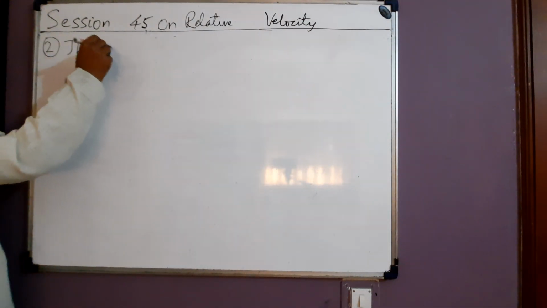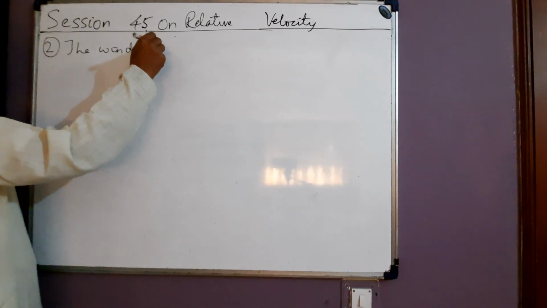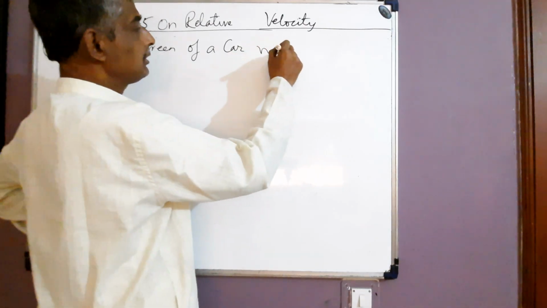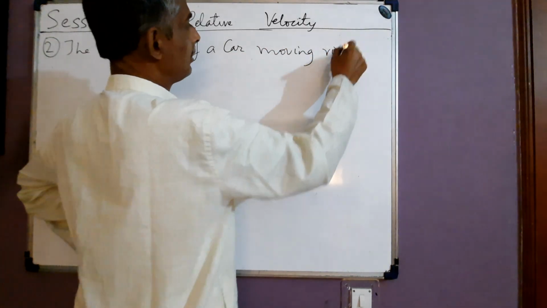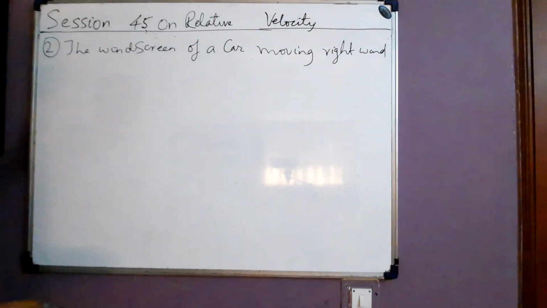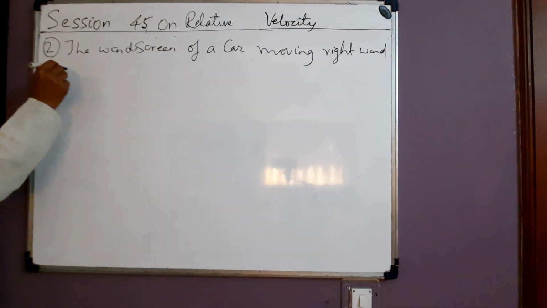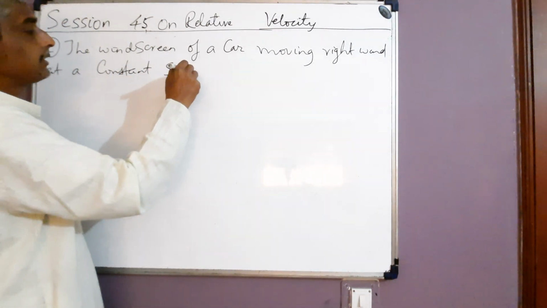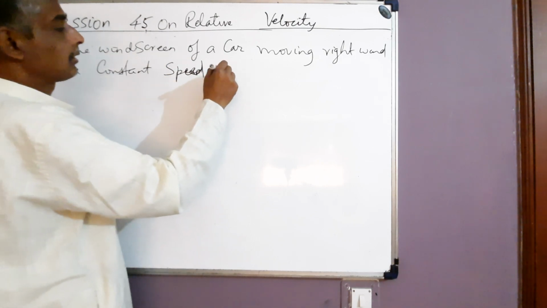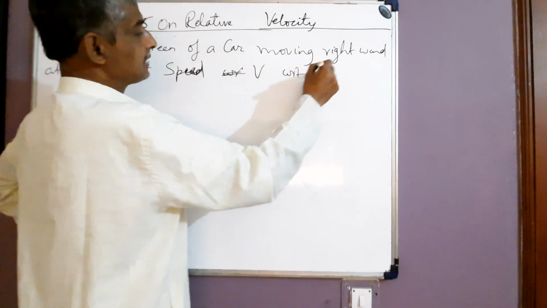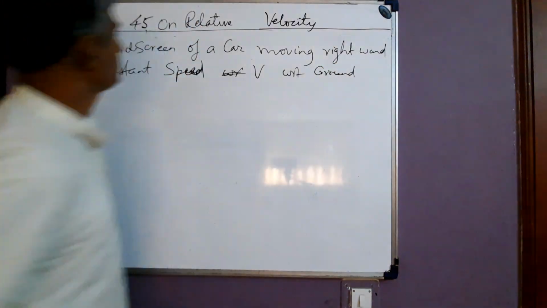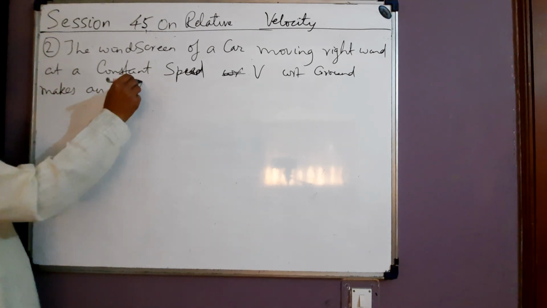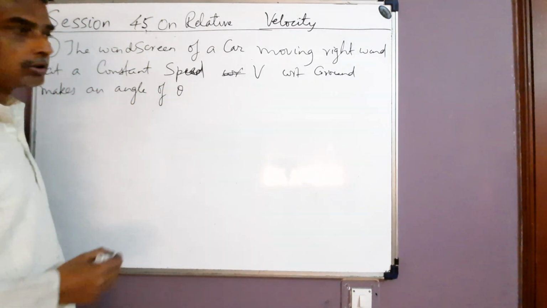The windscreen of a car moving rightward at a constant speed v with respect to ground makes an angle of theta with the leftward horizontal.